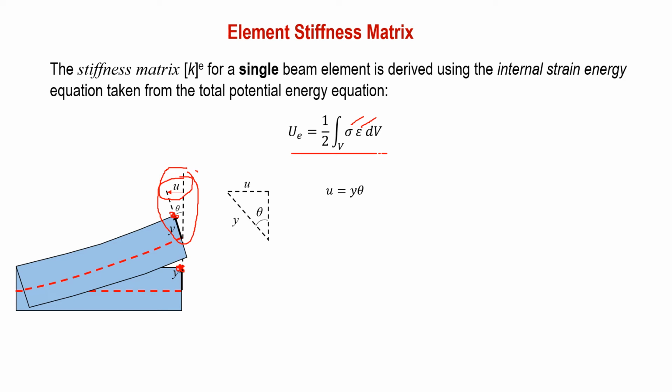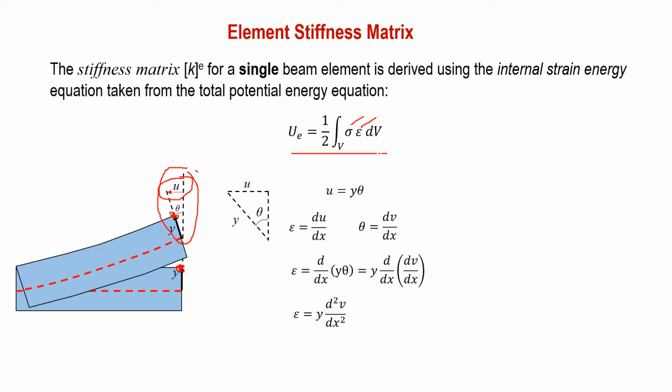For the strain, we know that the strain is defined as du over dx, and theta is equal to dv over dx. By knowing these two terms, we can expand the term for the strain. So the final strain equation is equal to y d2v divided by dx squared.